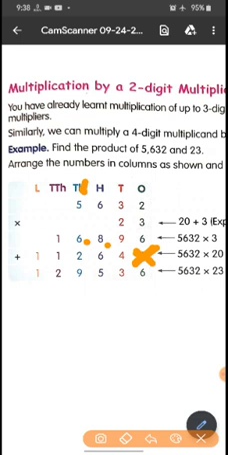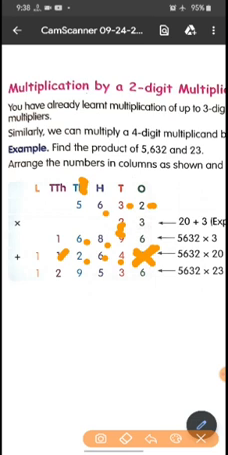So for this tens place, we will multiply this 20 to 2. So 2 into 2 gives 4, 2 into 3 gives 6, 2 into 6 gives 12, 2 here and 1 here, and 2 into 5 gives 10, and 1 already here is there. Then we will add this and it will become 11.